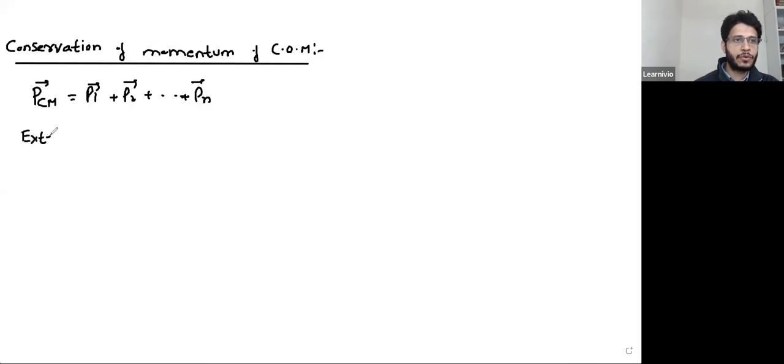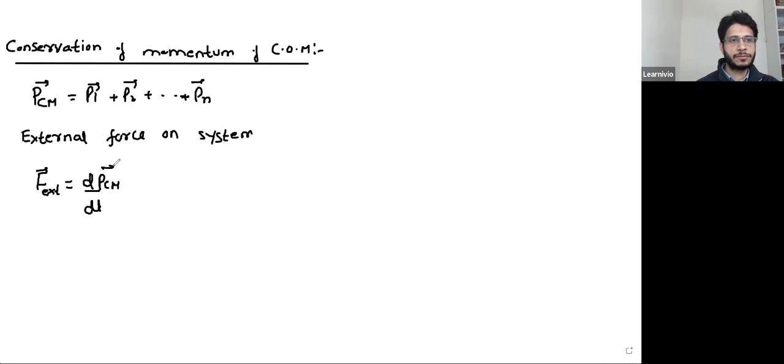So external force acting on the system, F external, is d over dt of momentum of center of mass.